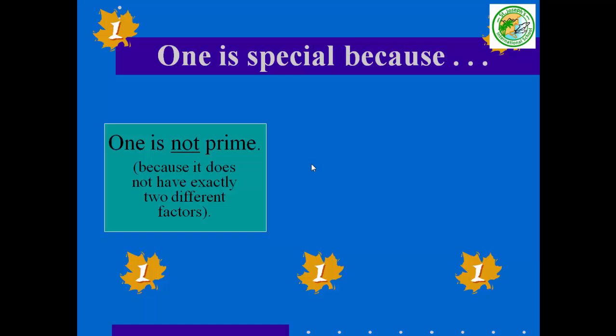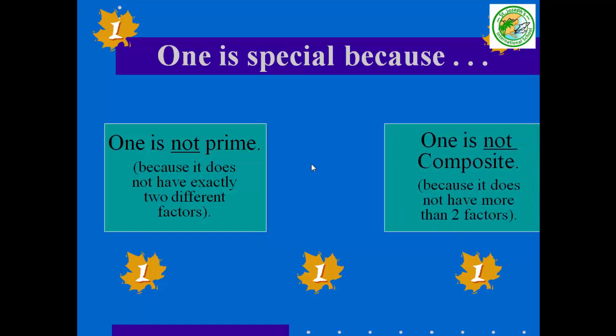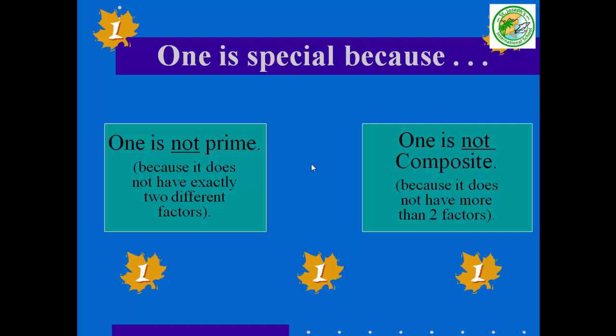So we can say that 1 is not a prime number because it doesn't have exactly 2 different factors. And also it is not composite because it doesn't have more than 2 factors. So can we say that 1 is a prime number? No, 1 is not a prime.